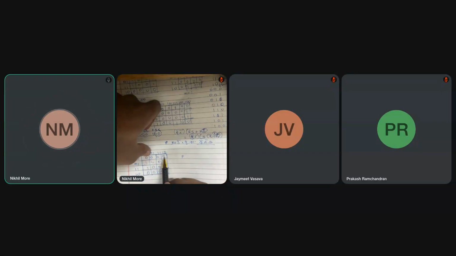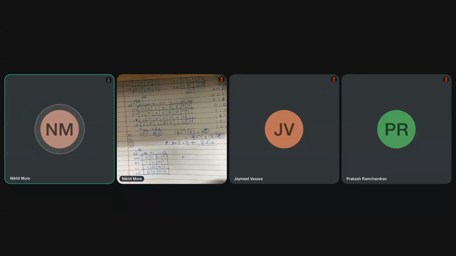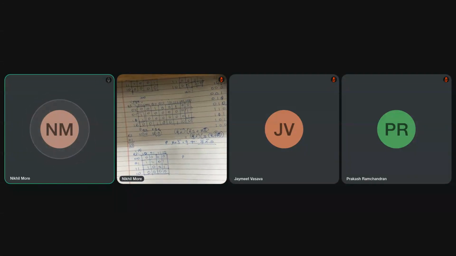We ignore the terms that are valued with 0. There is also one case called don't care, which we may consider as either 1 or 0 based upon our ease of calculation, or to reduce the complexity. These are called don't care terms, which are denoted by a cross.